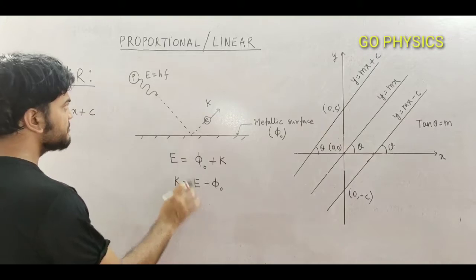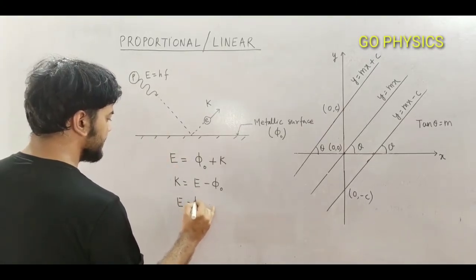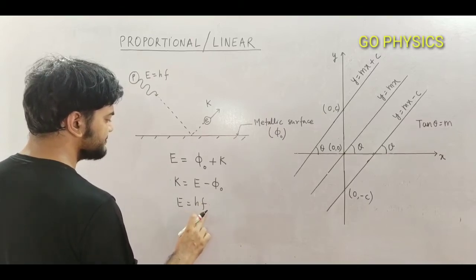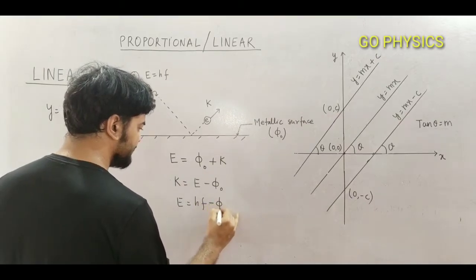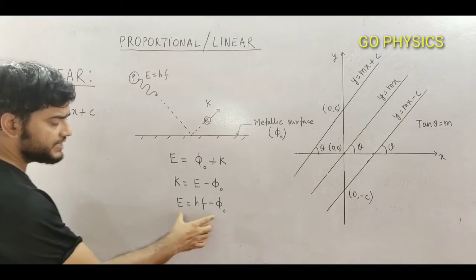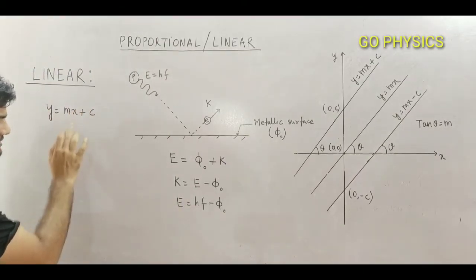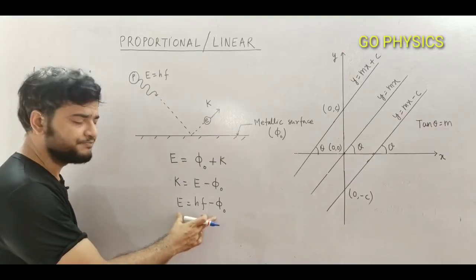And now substitute the value of E, which is equal to h into f. h is Planck's constant, f is the frequency of the radiation of the photon, minus phi naught. So we can see that this particular equation is the form of y equal to mx plus c, and therefore this relation is a linear relationship.